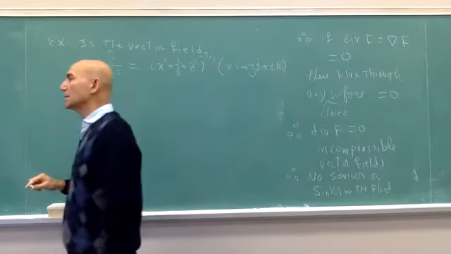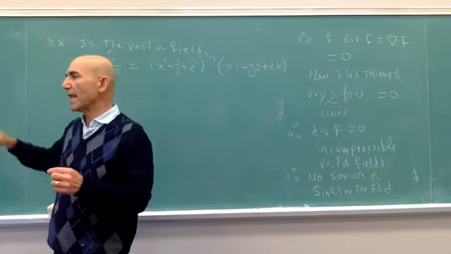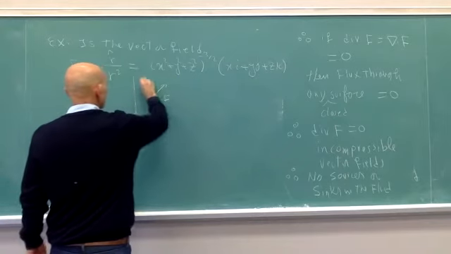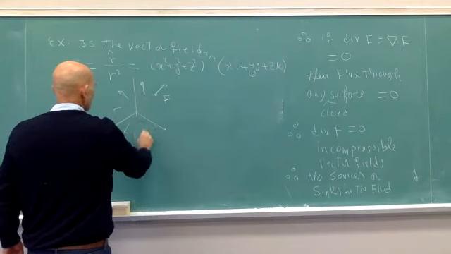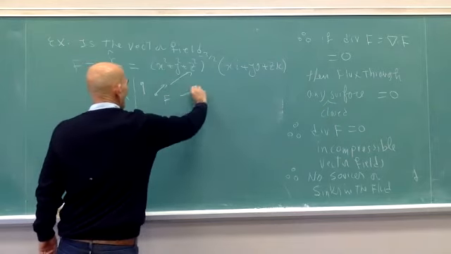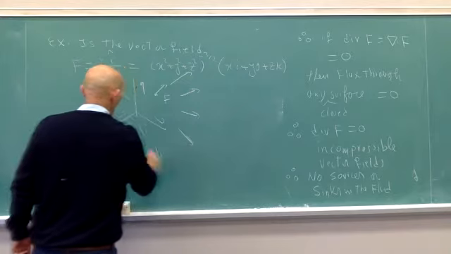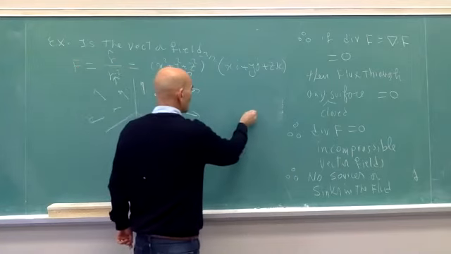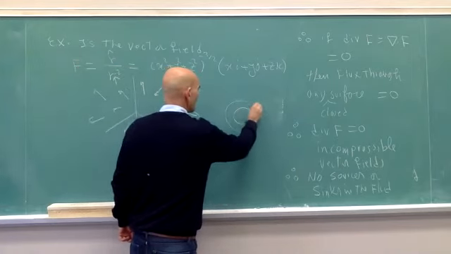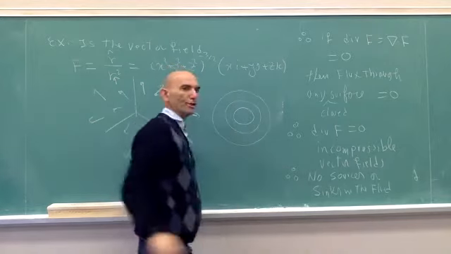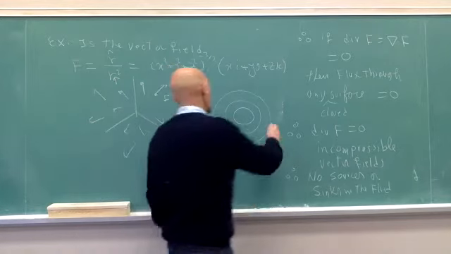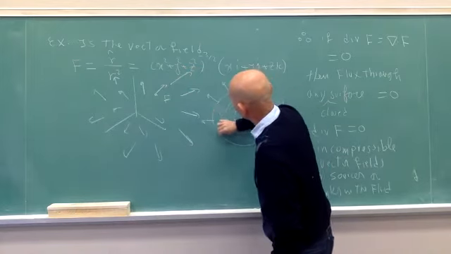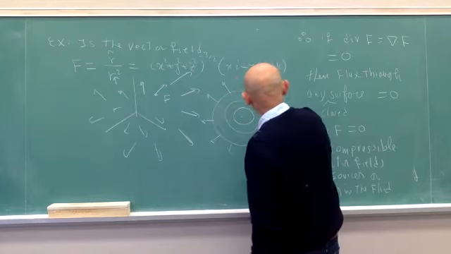So this is a vector field, and I can just draw it like this if you want. You take concentric spheres, and this vector field is orthogonal to them.